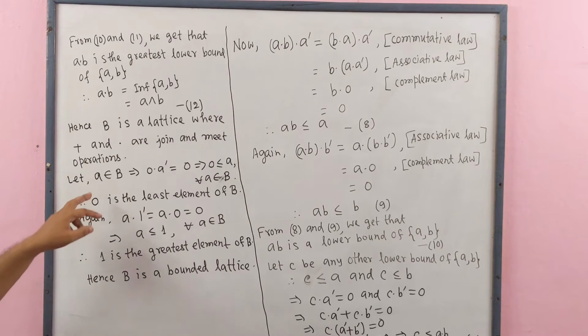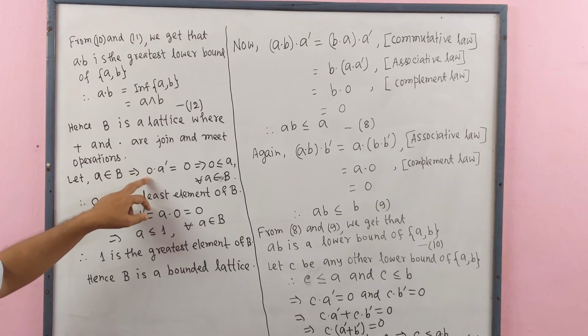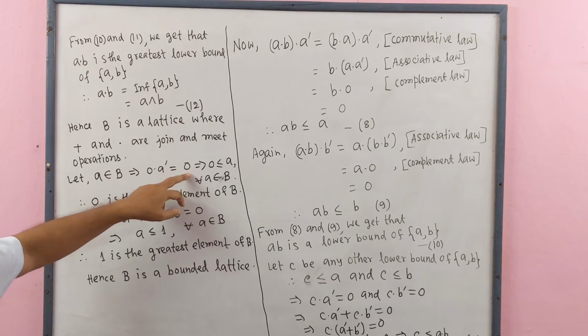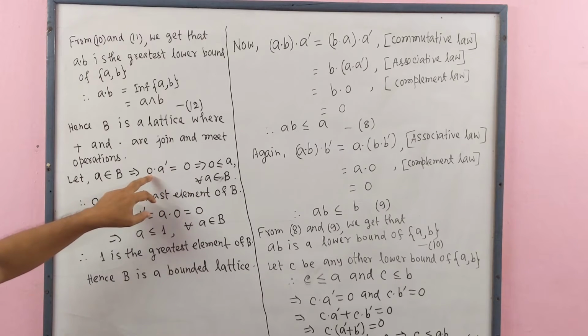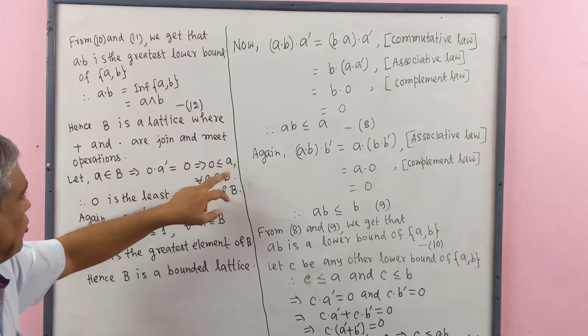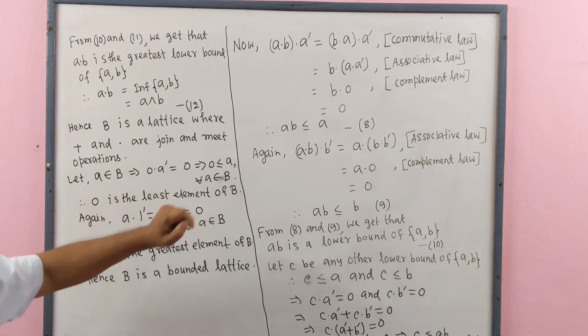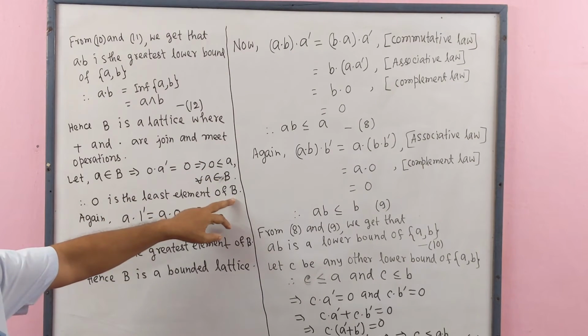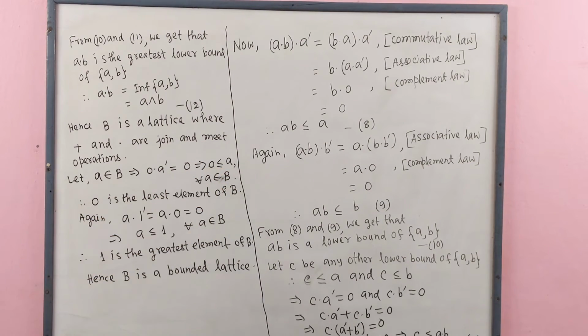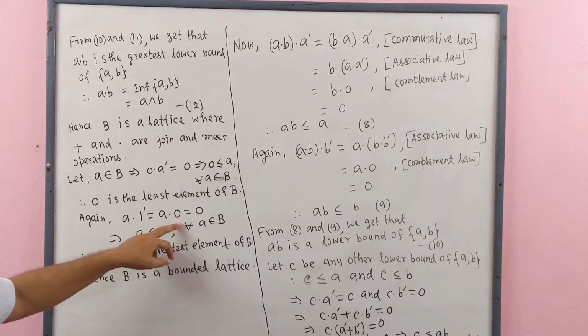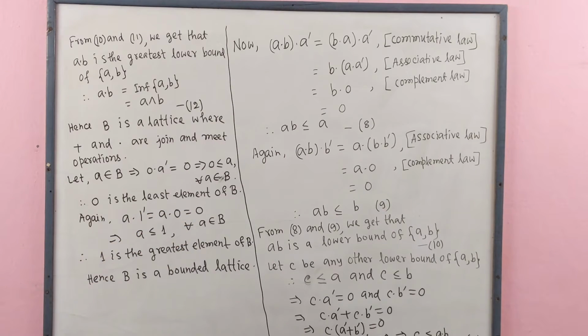Now, let A belong to B, which implies that 0 dot complement of A equal to 0. This means 0 is related to A for all A belongs to B. That is, 0 is the least element of B. Again, A dot complement of 1, complement of 1 equal to 0, and A dot 0 equal to 0.